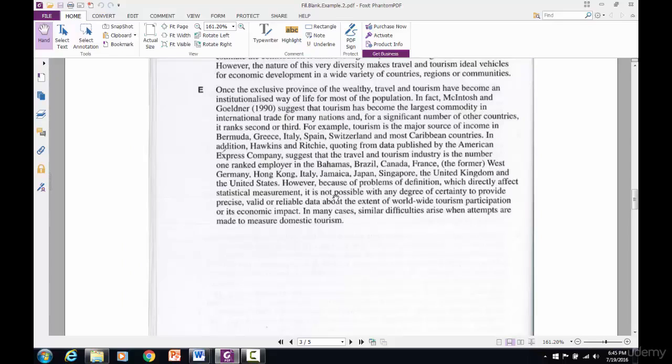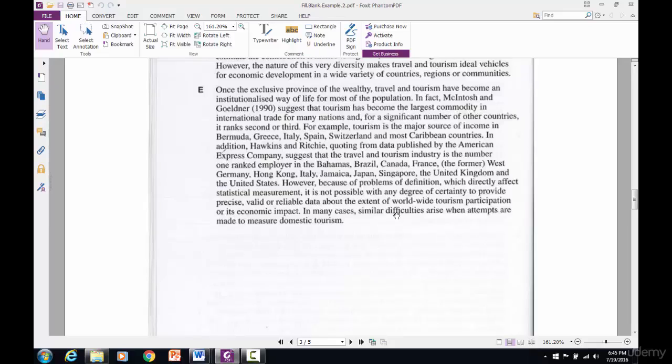Let's see. Here we go. Here's the word difficulties. Difficulties is a synonym for the word problems. This is the sentence that I'm looking for.